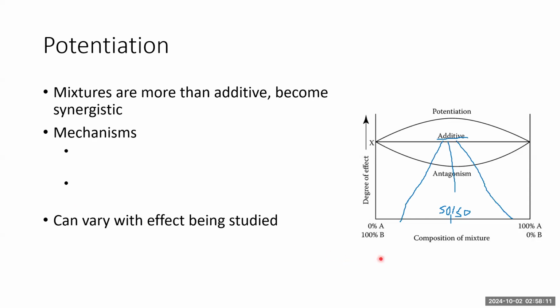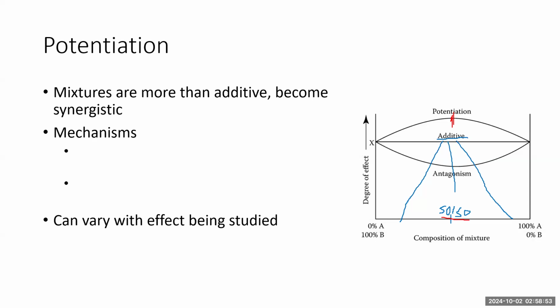Now, if you make your different concentrations of A and B, 0, 25, 50, 75, 100, and you get a greater or less than lethal effect, you can see this most clearly at the 50-50 mark. So at the 50-50 mark, let's say you've got equal concentrations, and you get the highest amount of lethality you've ever seen.